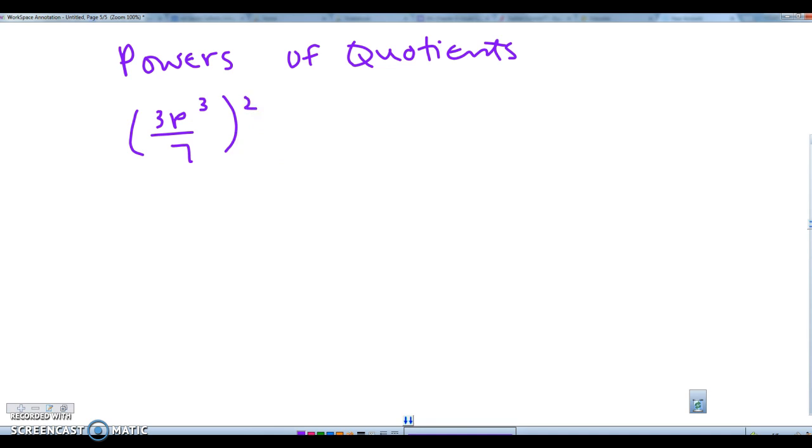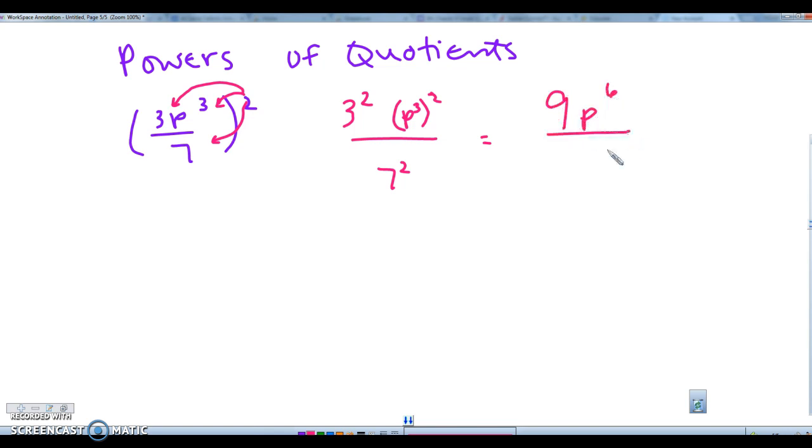Again, this acts like the distributive property, each piece of the puzzle. So I have 3 squared, p cubed squared, over 7 squared, which will end up giving me 9p to the 6 over 49. If I can reduce, I should. This one I cannot.